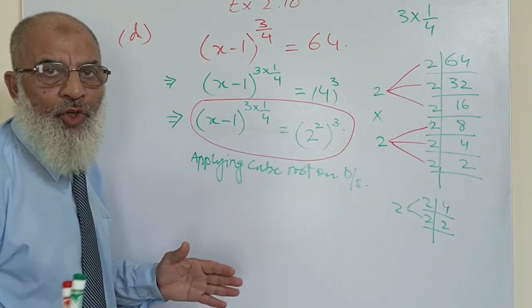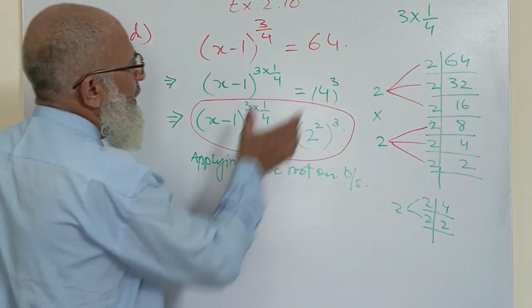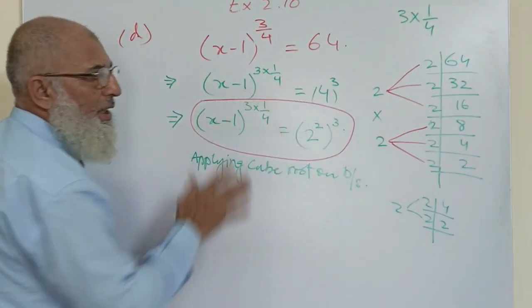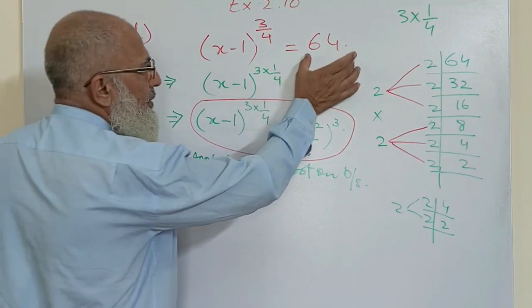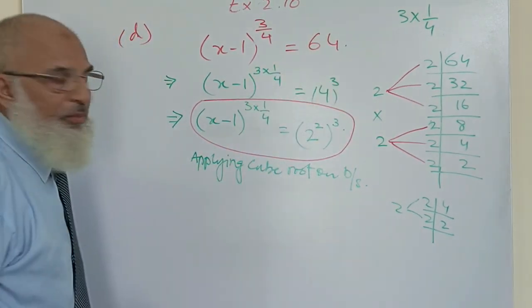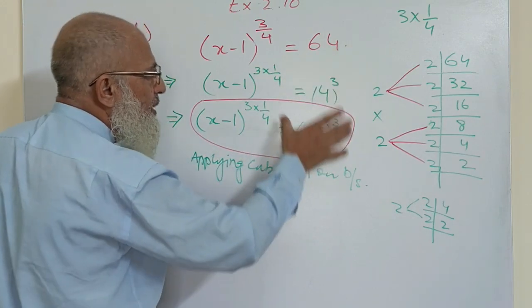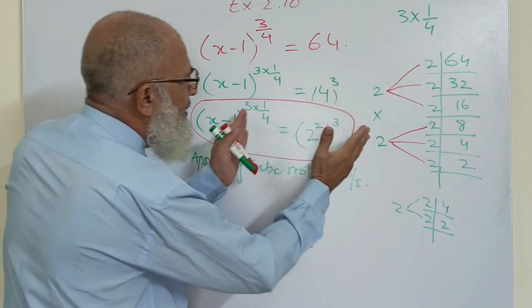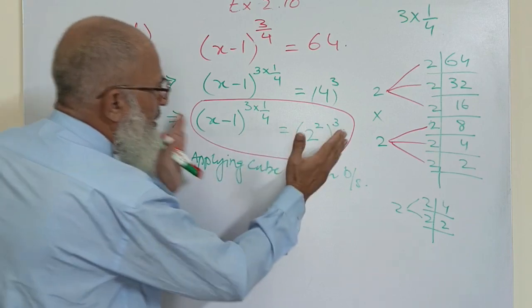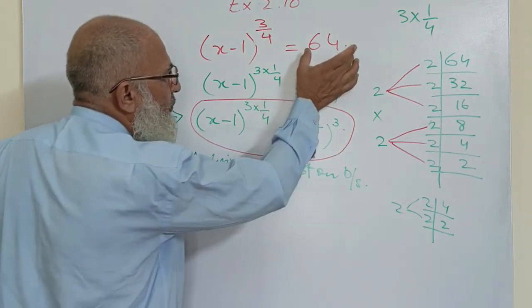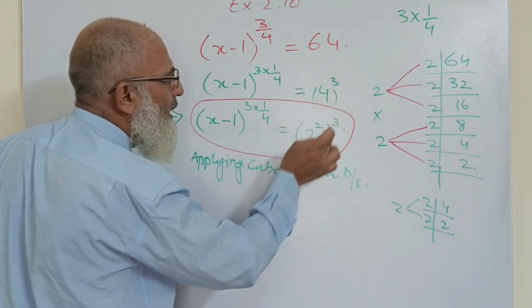There are many ways of solving this question, but if you solve it in another way, this 64 will give you some problems. So to avoid any problems, I am just shrinking this question, first to 64 and then to 4 and then to 2.